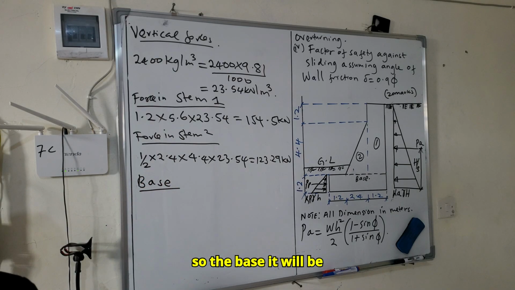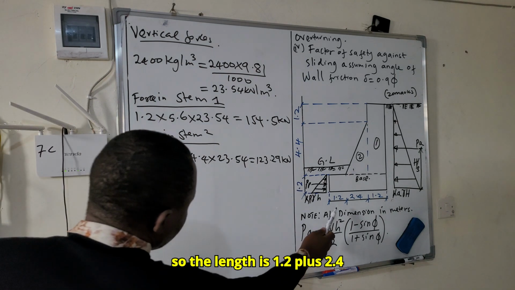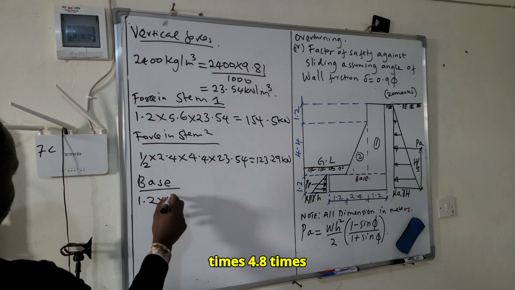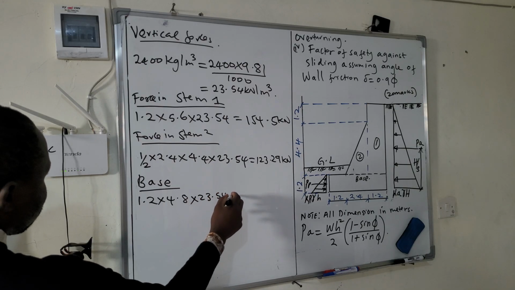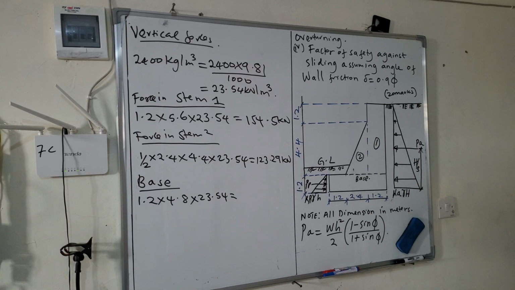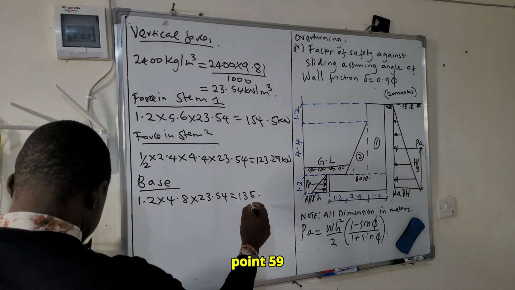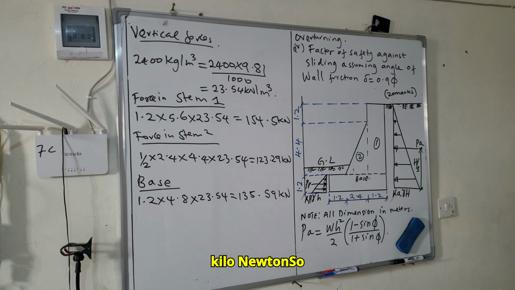And then you proceed to the base. For the base, it will be length times width. The length is 1.2 plus 2.4 plus 1.2, so that is 4.8. So we'll have 1.2 times 4.8 times 23.54, which is equal to 135.59 kilonewton.